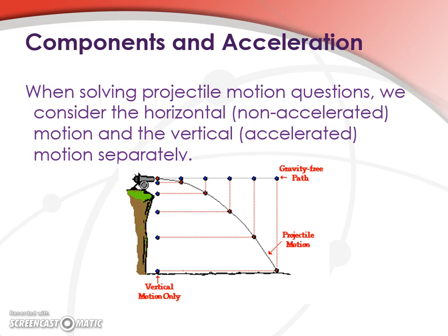Today we're going to dig deeper into this and talk about the horizontal or constant motion case and the vertical accelerated case of motion. And we're going to deal with those separately and then use the commonalities between them to arrive at the correct answer for a single problem.